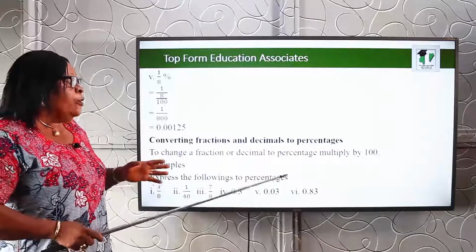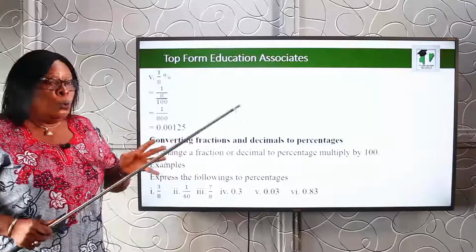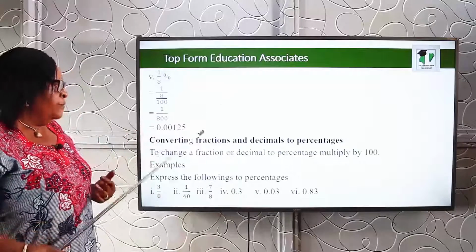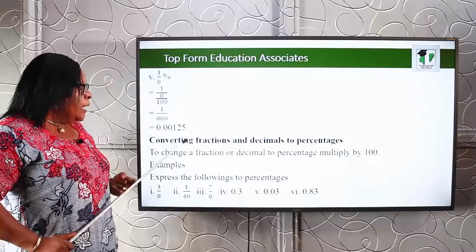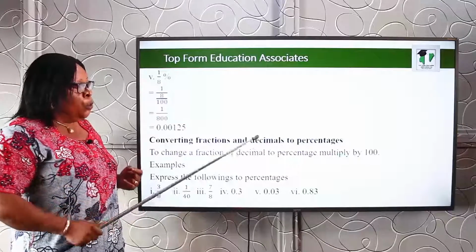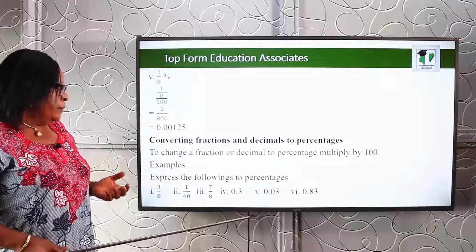That is why you can convert from fraction to decimal, or from decimal to percentage, or vice versa. So in this subtopic, we are looking at converting fractions and decimals to percentages. How do we do that?